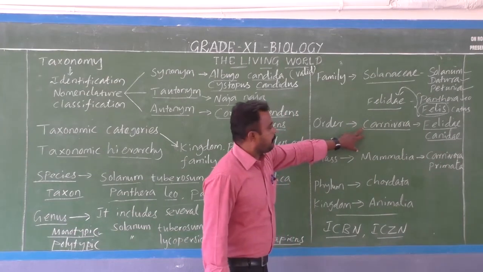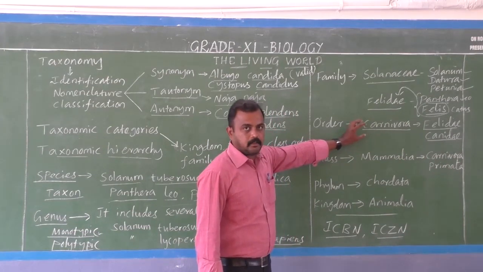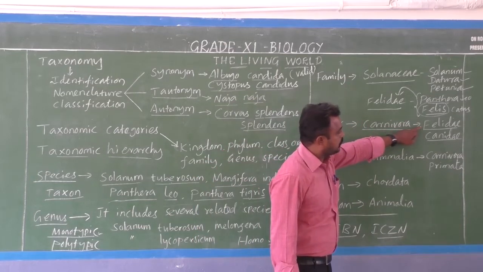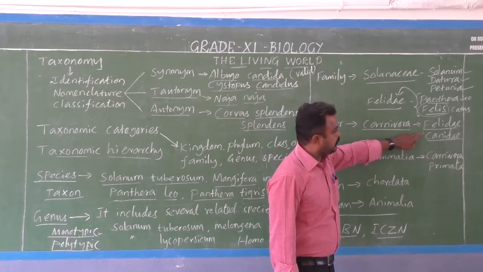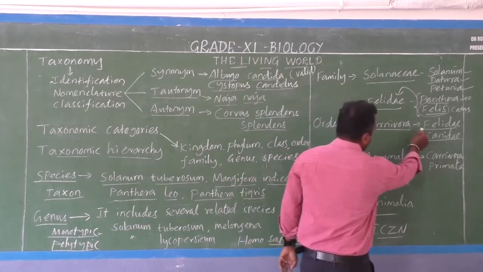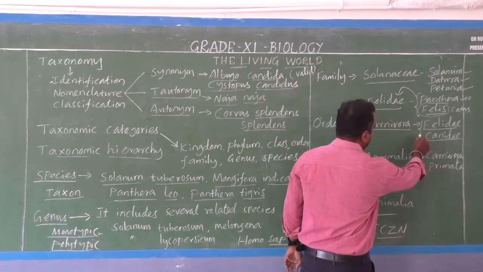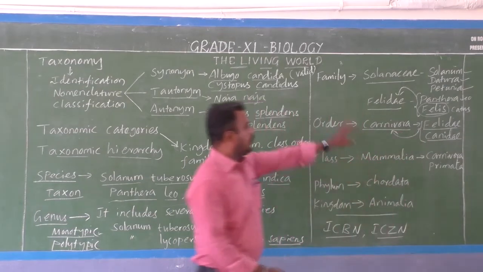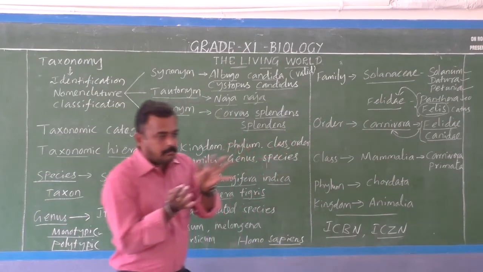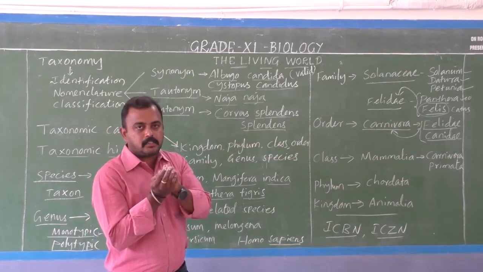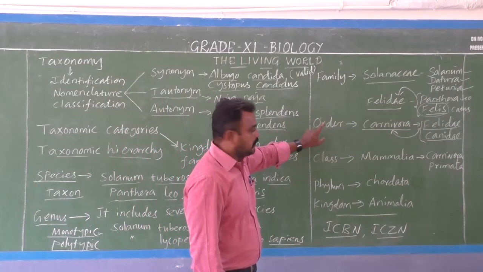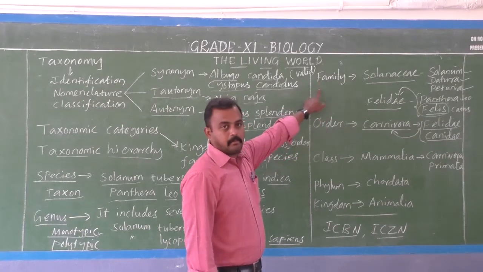So Carnivora, the common character is meat-eating animals, you know it. Felidae is the cat family. Canidae is the dog family. So Felidae and Canidae eat meat. That's why they are under the Carnivora order. So different families which have common characteristics come under one order. So it includes several related families.